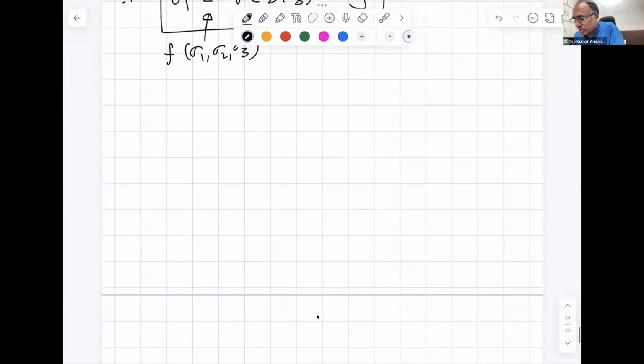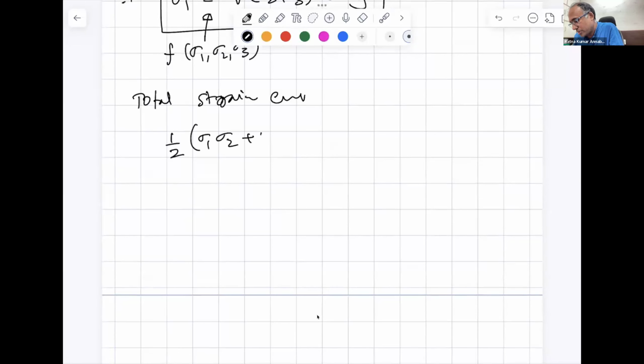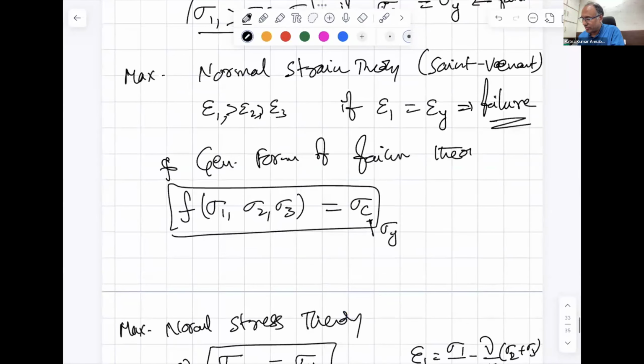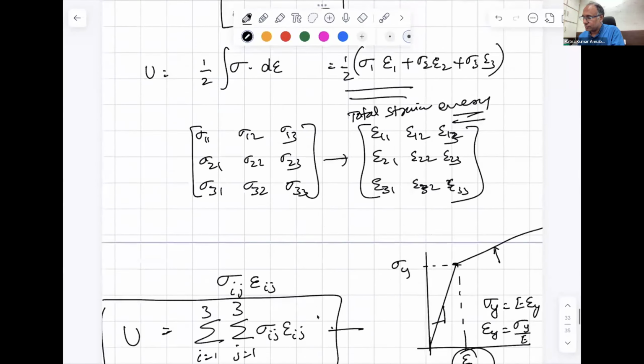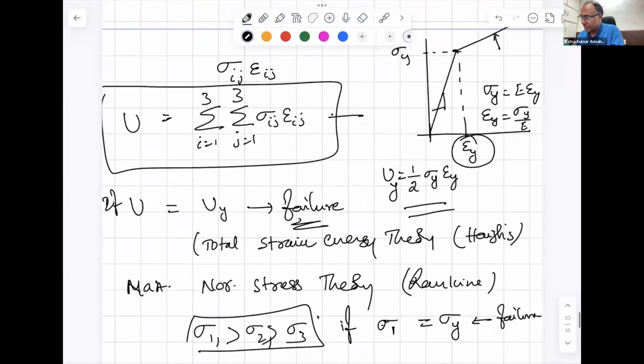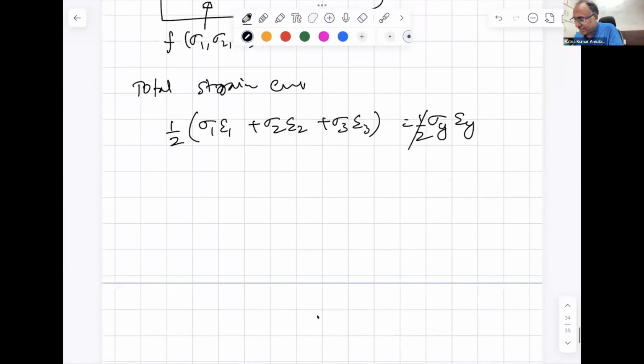Similarly, if you take total strain energy theory, 1/2 sigma 1 epsilon 1 plus sigma 2 epsilon 2 plus sigma 3 epsilon 3 is equal to 1/2 sigma y epsilon y. That is what we have written, no? Half gets cancelled.